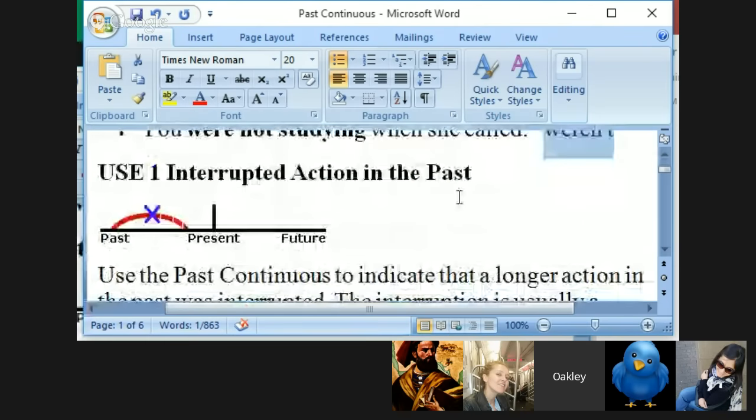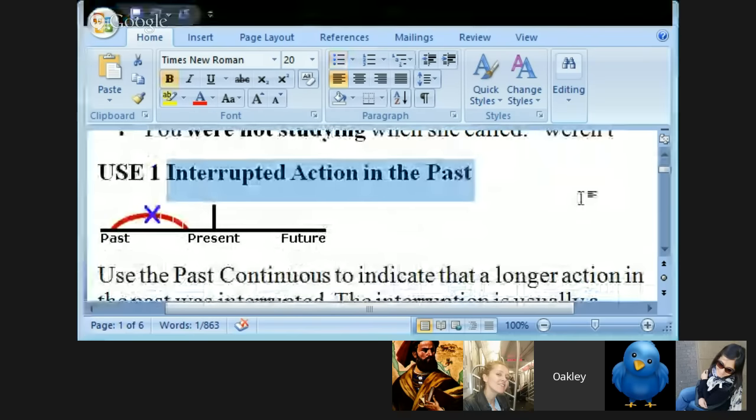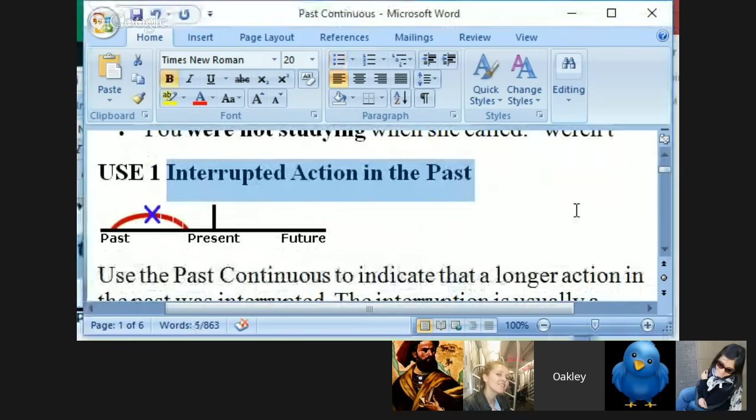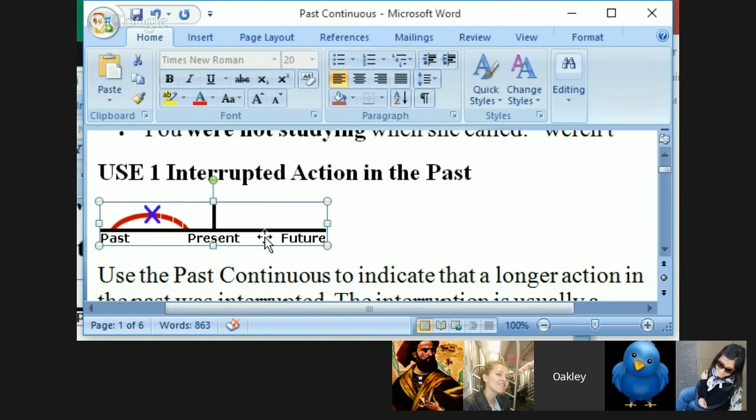A very common usage for the past continuous is to express the idea of an interrupted action in the past. This is very common. It's used a lot when we tell a story about something that happened. Yeah, it happens a lot. You can see by the diagram.